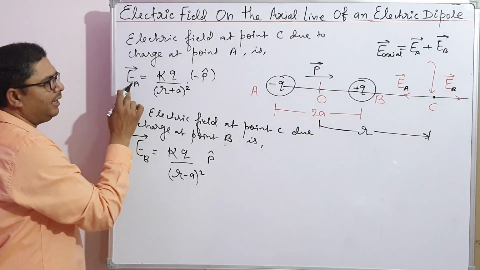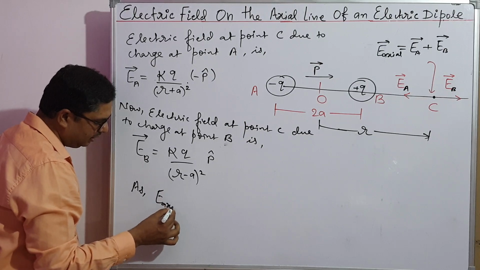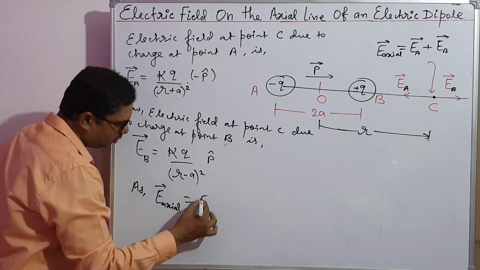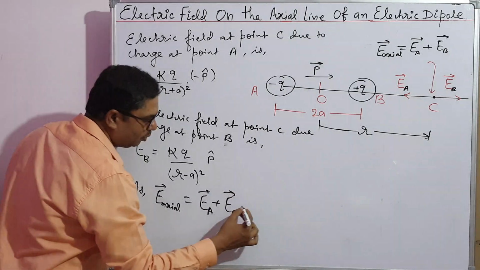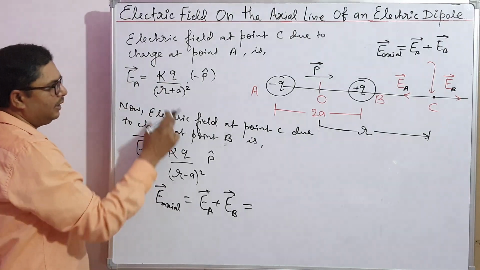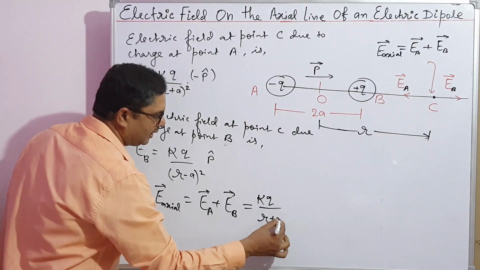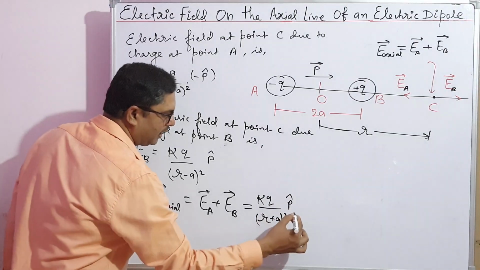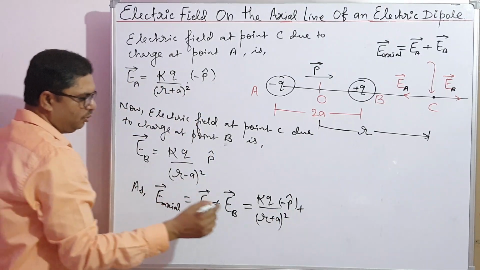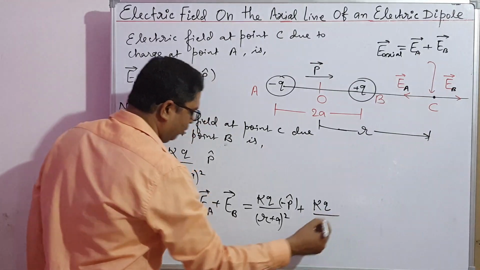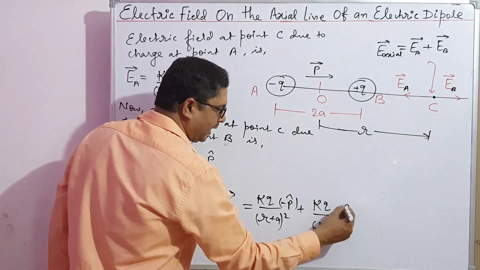Now you have EA and you have EB. E axial is equal to EA plus EB. So what is EA? EA equals KQ by R plus A square with P cap with a minus sign, and EB equals KQ divided by R minus A square P cap.